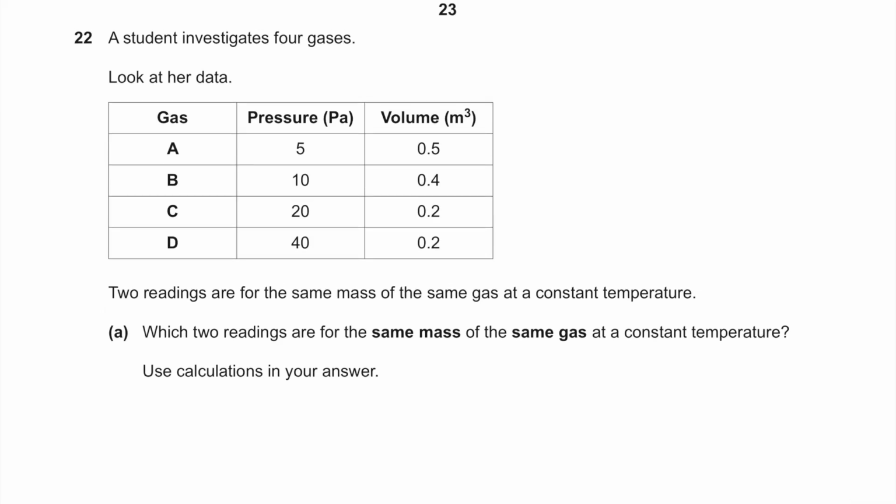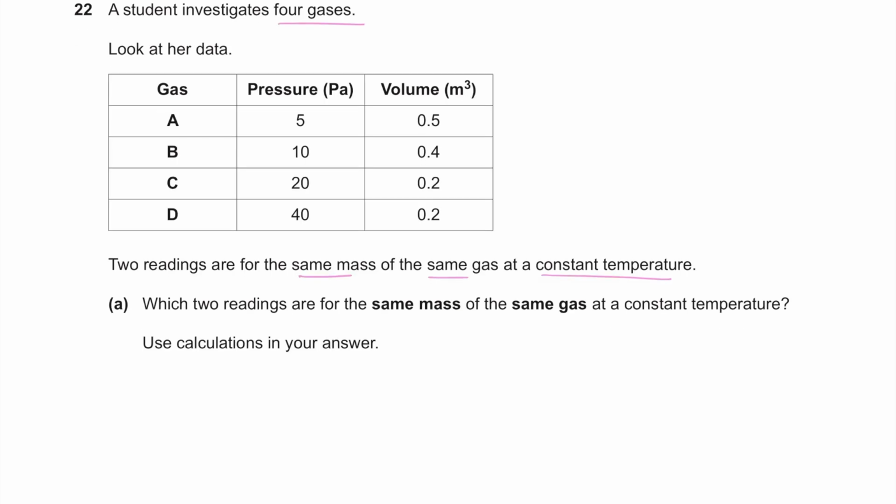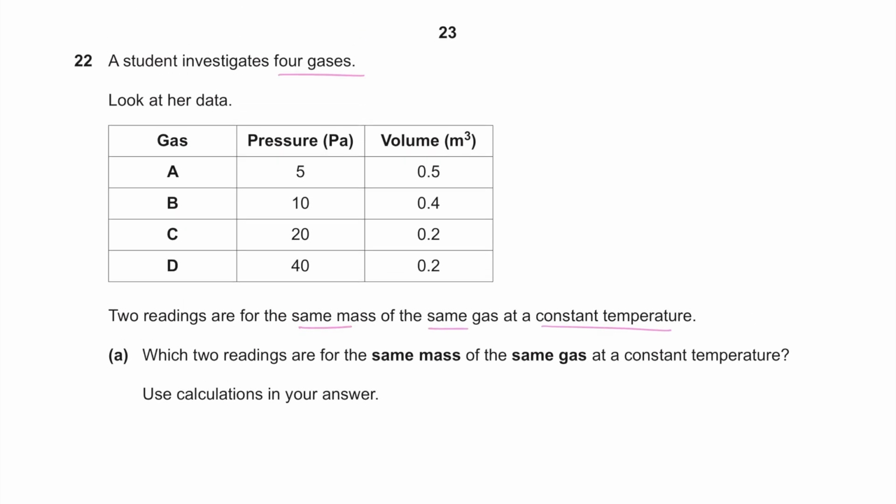We've been given that a student investigates 4 gases, and we've been given the pressure and the volume of each gas. 2 readings for the same mass of the same gas at a constant temperature. We can use calculations, and we know that when we are talking about constant temperature, pressure is inversely proportional to the volume.